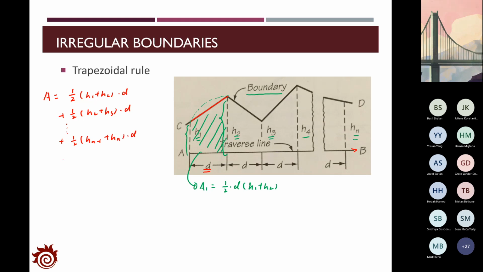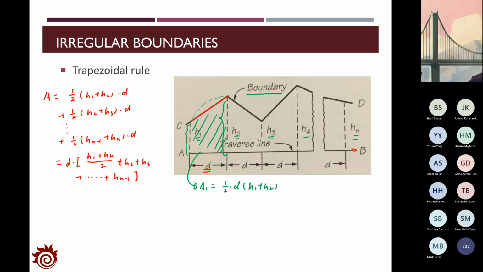This can be simplified as d times (h1 plus hn divided by 2, plus h2 plus h3, up to h(n-1)). And this is the trapezoidal rule.